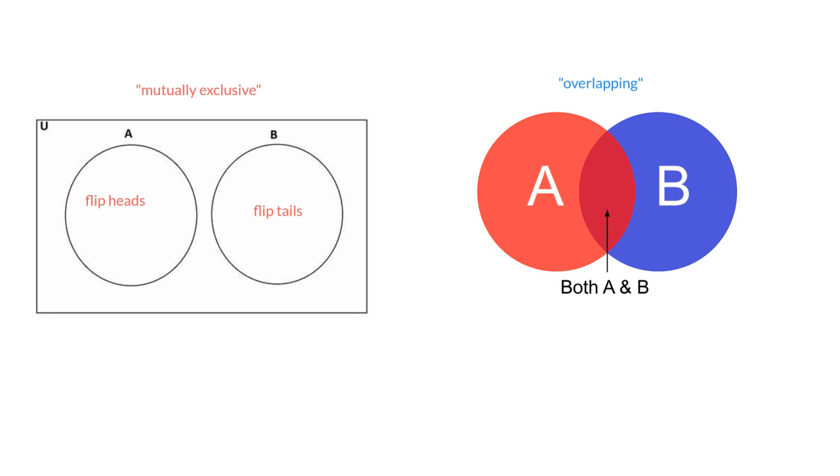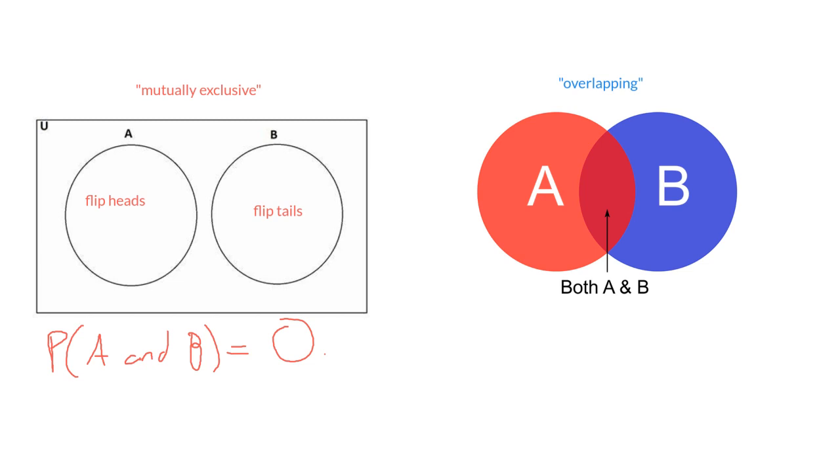Flipping heads and flipping tails are what we call mutually exclusive, because the probability of event A and event B, which in this case is getting heads and tails on the same flip, is zero. There's no way to do that, right? You can't flip a coin and get heads and tails at the same time.